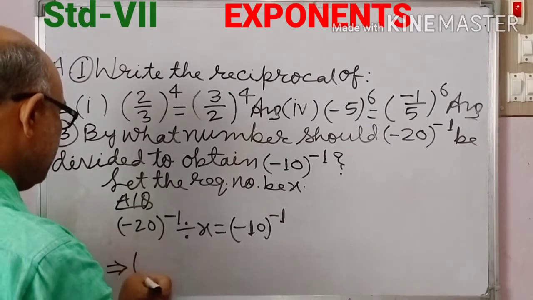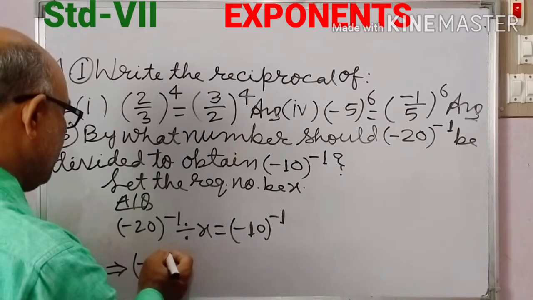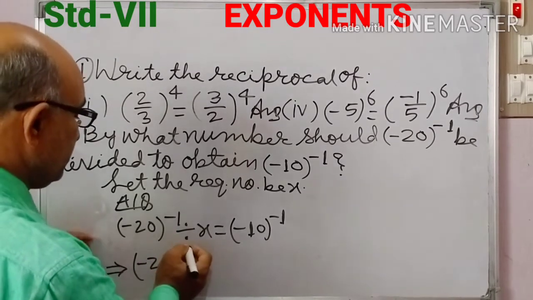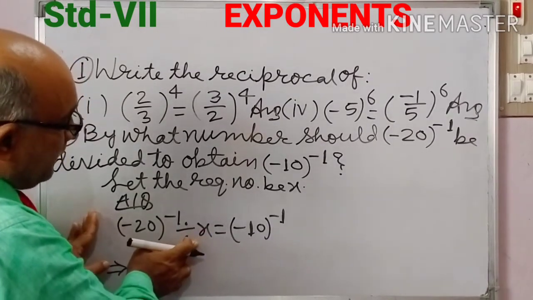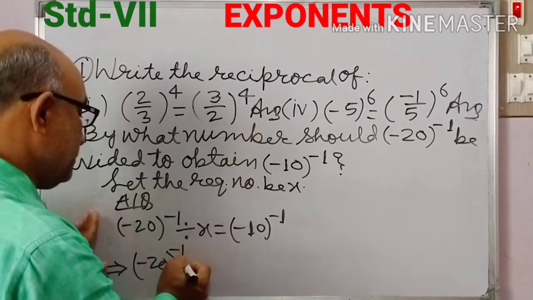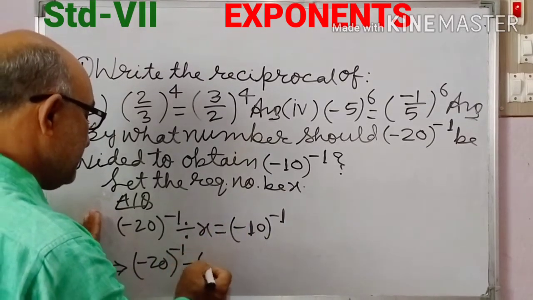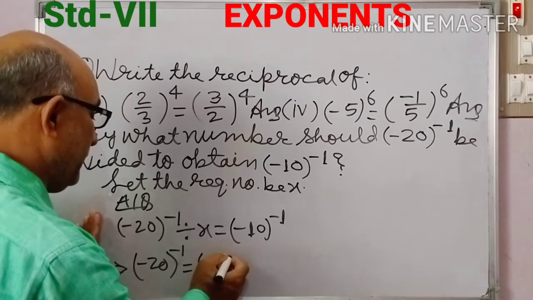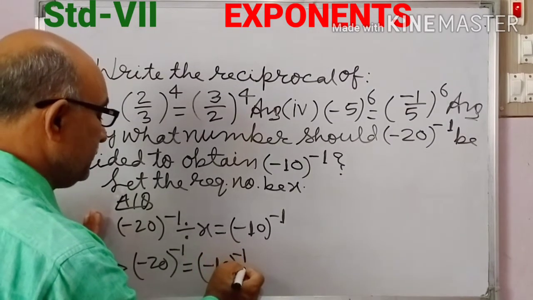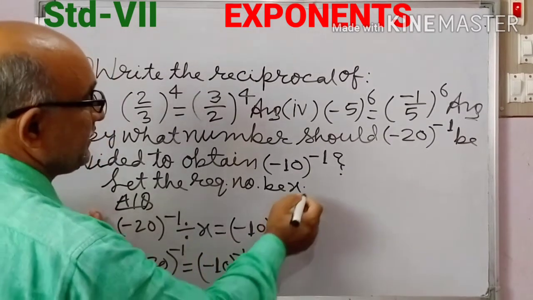That implies (-20)^-1 divided by x; by transposition, divide x changes into multiply x. So (-10)^-1 multiply x.